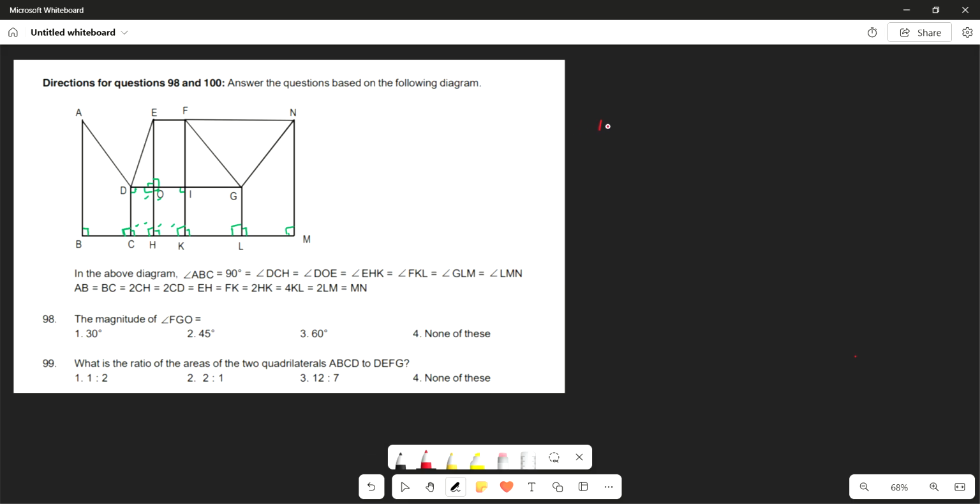Suppose KL is equal to X. If KL is X, what will be LM? We are given 4 KL equal to 2 LM. From here I can say LM is equal to 2 KL, which is 2X. So LM is equal to 2X.